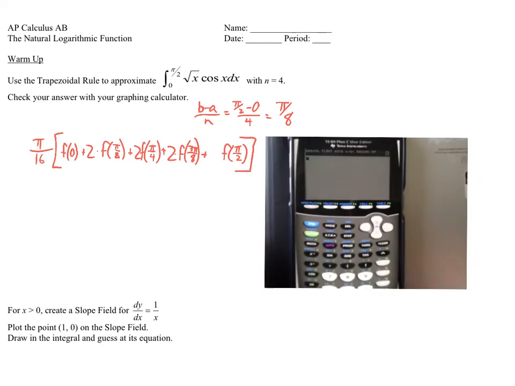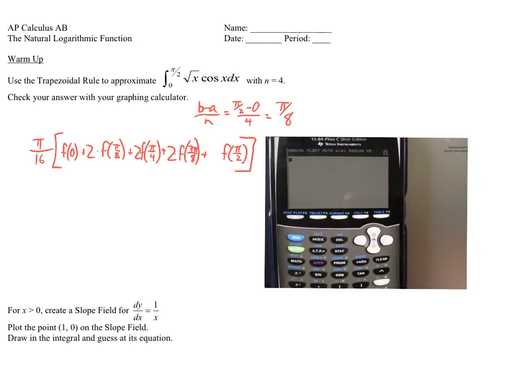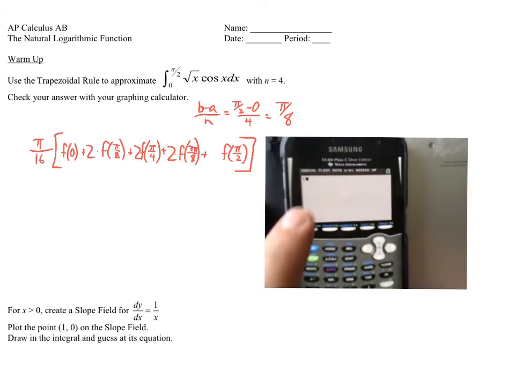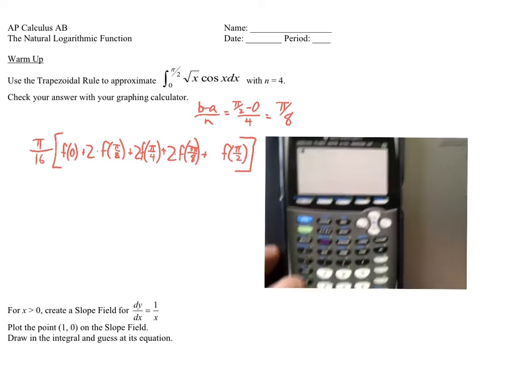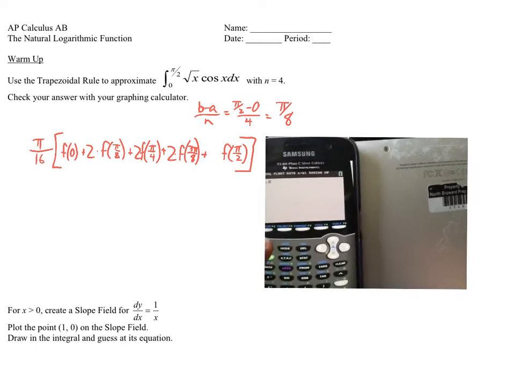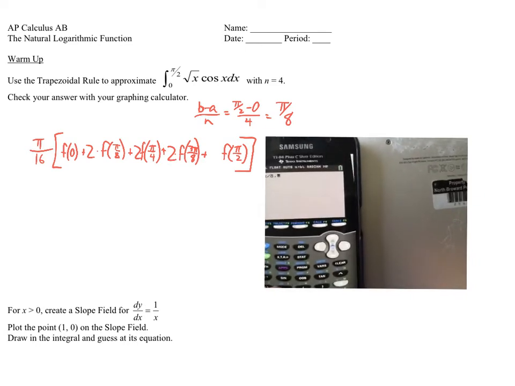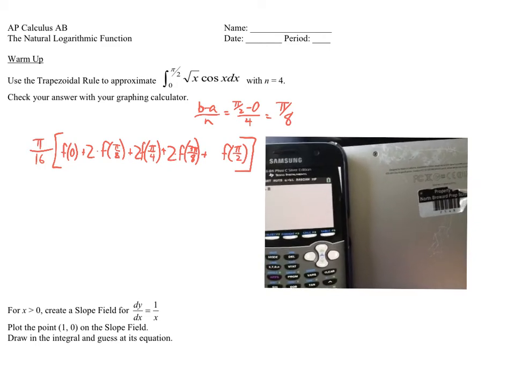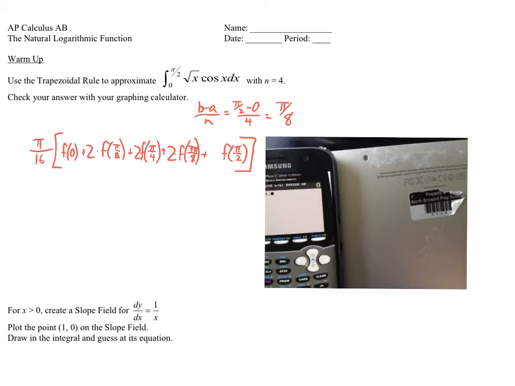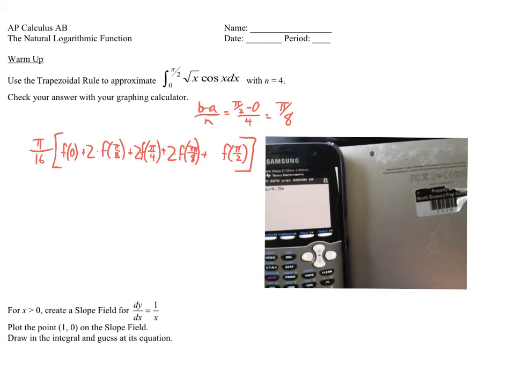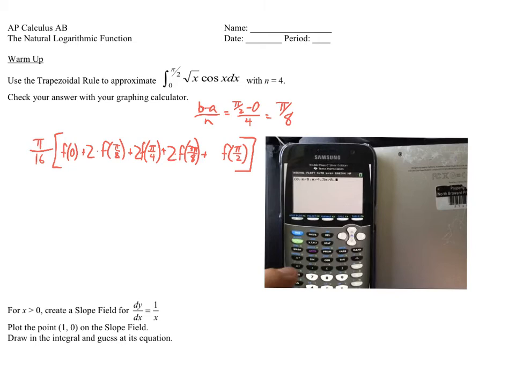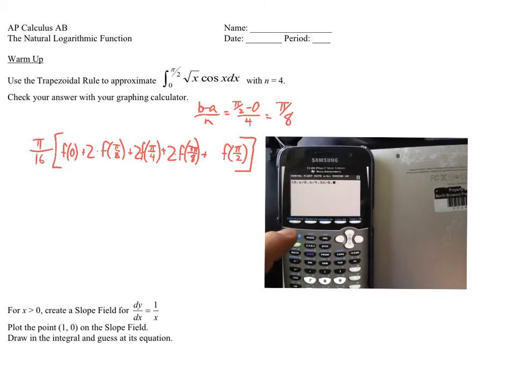First of all, I'm going to create a list with the different angles that we need to use on it. So I'm going to hit second parenthesis to get my curly bracket there, and then I'm going to enter the different angles. So the first one is 0, and then I have pi over 8, comma, and then pi over 4, so second pi divided by 4, comma, and then I have 3 pi over 8, comma, and then I have pi over 2.